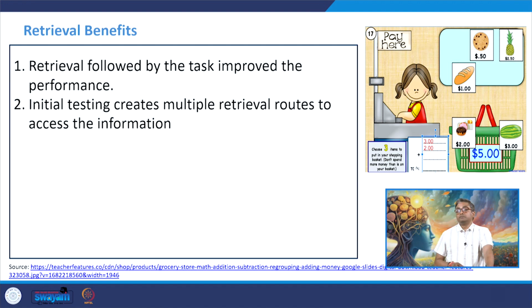A mathematical problem at kindergarten can be solved quickly. However, a mathematical problem of 12th standard would be very difficult. But as the testing an individual is doing, the more retrieval routes he or she is building to access the information.